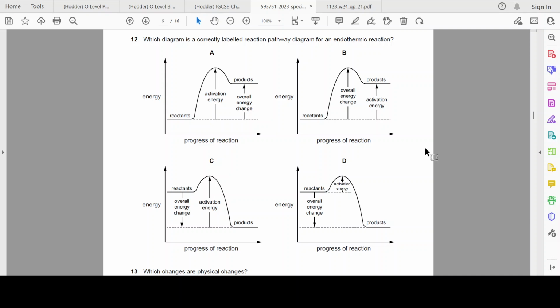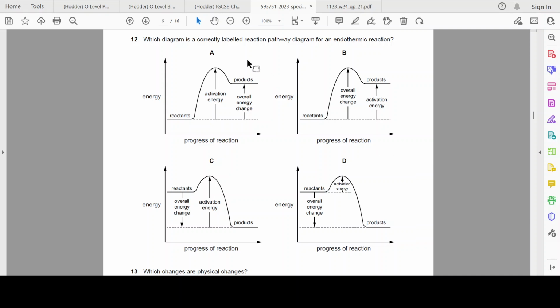Now between these two, which one is correctly labeled? We just eliminated C. Are you guys like sleepy? You said A and B.